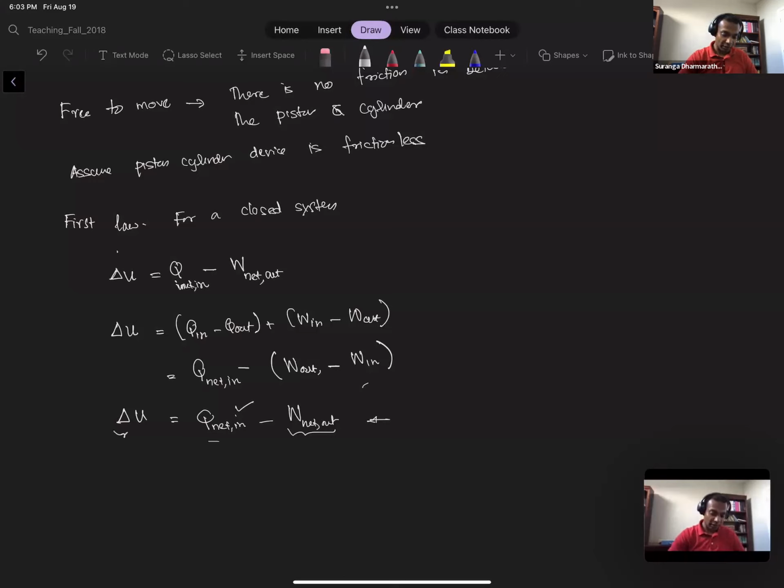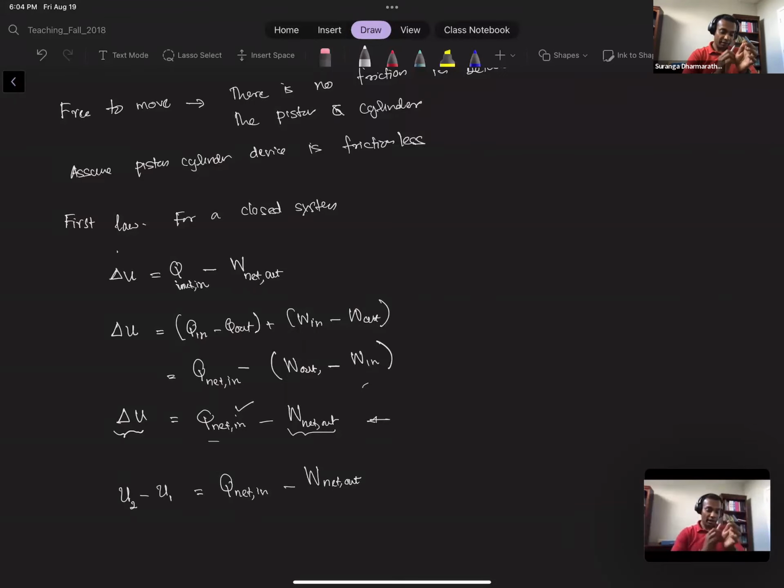To find that, we need this. So this is going to be U2 minus U1, the internal energy at state 2 minus the internal energy at state 1, equals Q net in minus W net out.